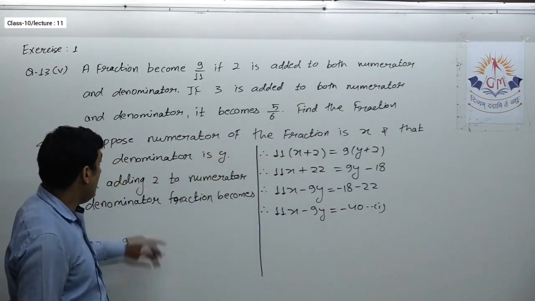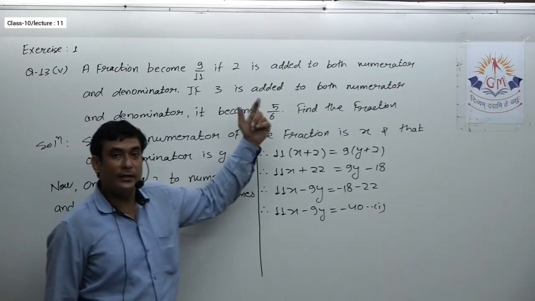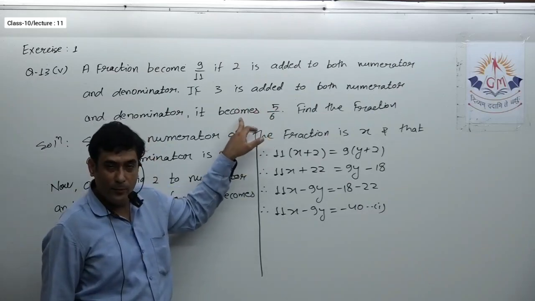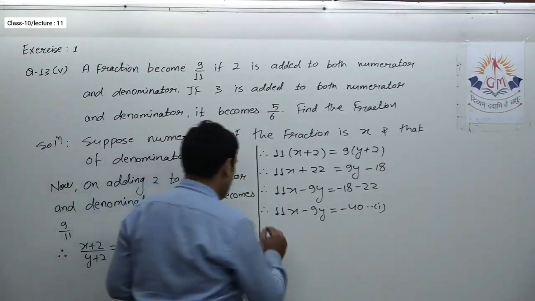Okay. Now there is one more condition. If 3 is added to both numerator and denominator, it becomes 5 by 6.